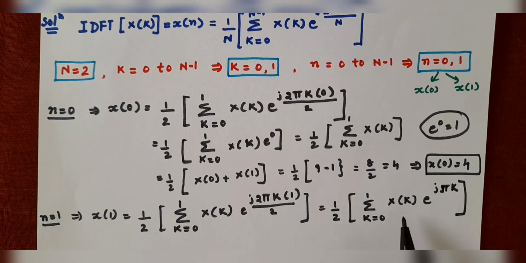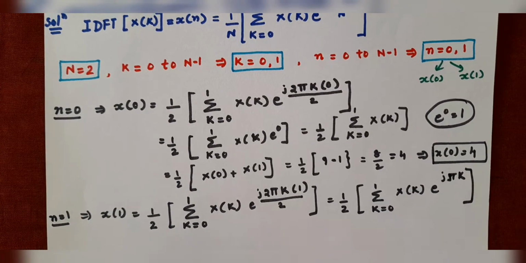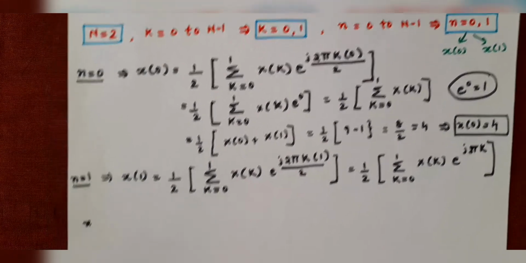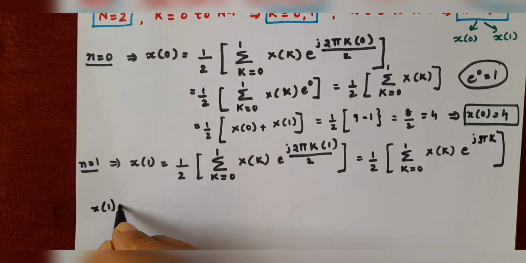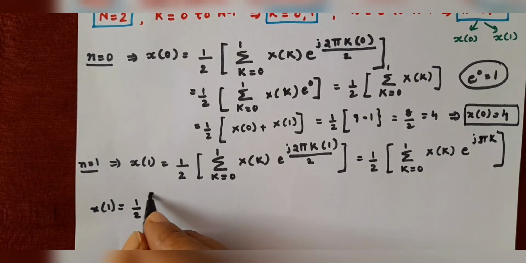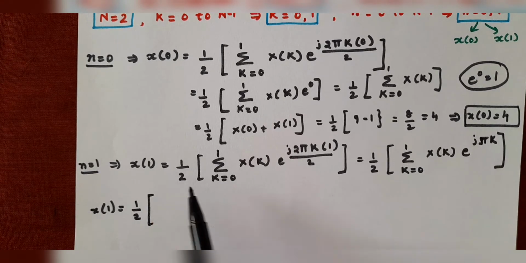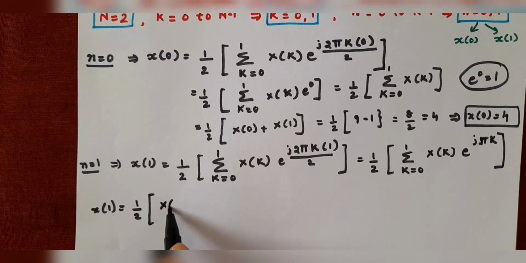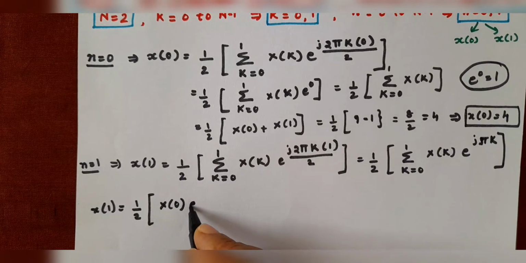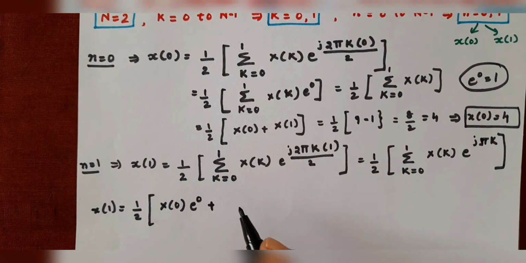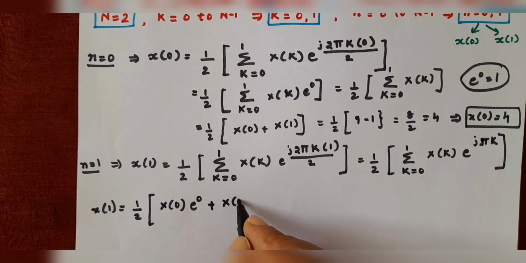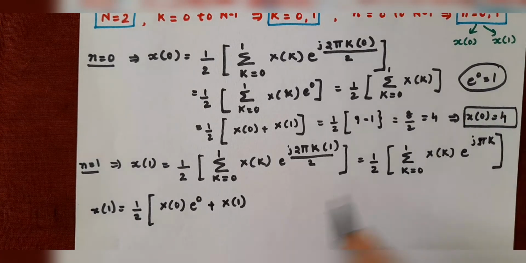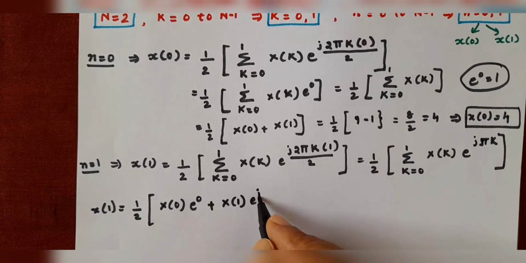Now, expand this summation for k. Small x of 1 is equal to 1 by 2, put k is equal to 0, 1. First k is equal to 0, X of 0 e to the power of 0, plus capital X of 1, k value is now 1, so it becomes e to the power j pi.